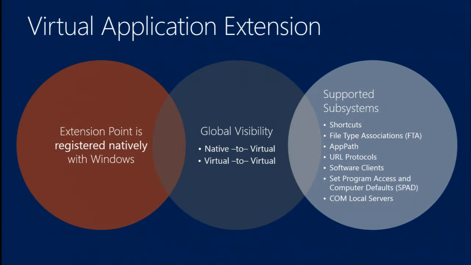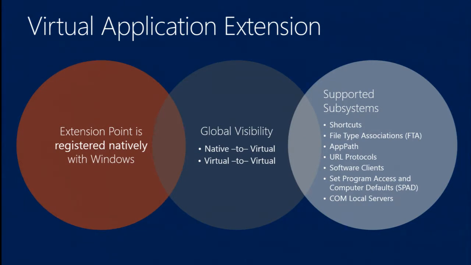And the other thing is, underneath the covers, we made it fairly straightforward to add these subsystems. So we can continue to build and add on as we get more and more feedback from customers as to what they want. If they want a particular subsystem to be supported, we can go in and make a tweak, and then in the next release we can enable that. Whereas before, FTAs and shortcuts were enabled in completely different ways.